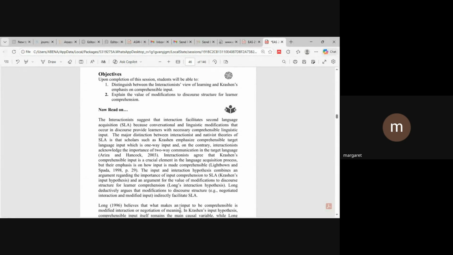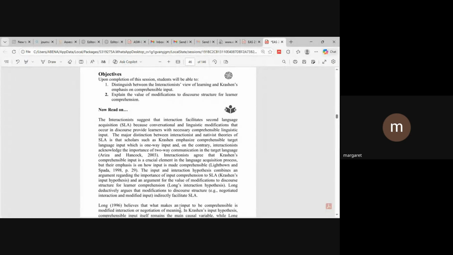So that's another dimension on how Krashen's input hypothesis is different from the interactionist point of view. According to the interactionist point of view, input and interaction must come hand in hand for language learning to take place. But with Krashen's input hypothesis, we are dealing with only input.